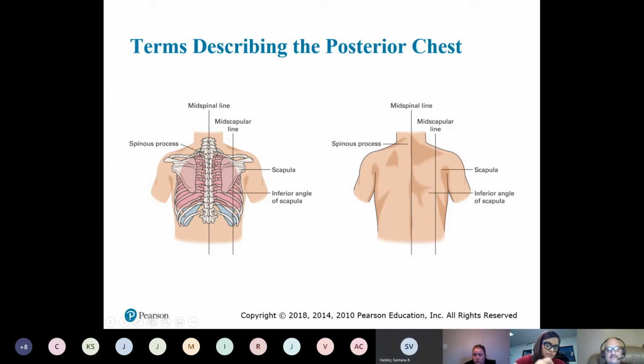Have you noticed that? Those little bumps are what we call the spinous processes, and that's just the back end of the vertebrae. So these little things right in here.